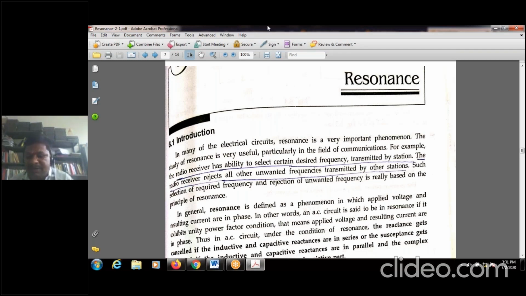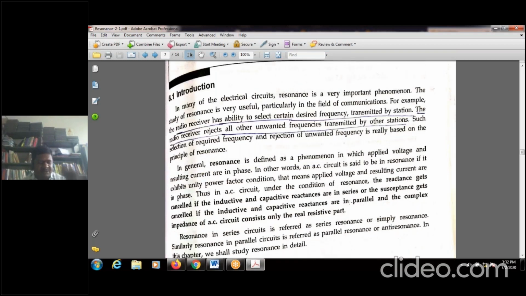Generally, in electrical or electronic circuits, resonance occurs when a circuit consists of reactive elements, in addition to a resistor. Now, resonance is of two types. One is series resonance and the second one is parallel resonance.